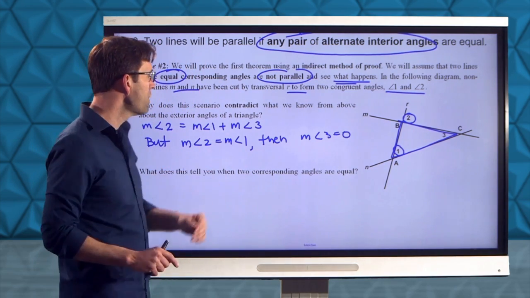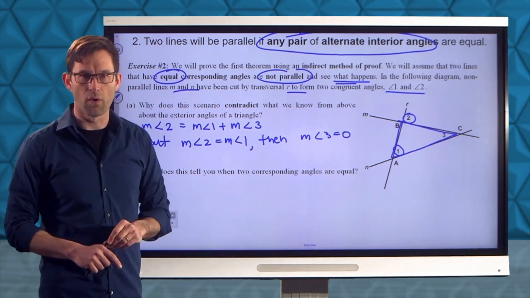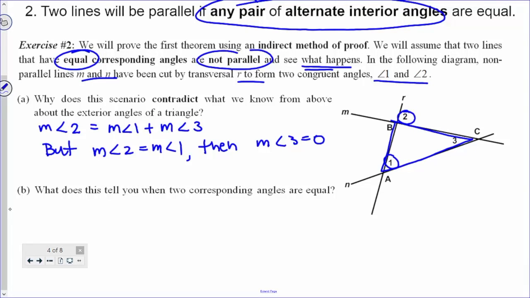Well, what does this tell you about two corresponding angles that are equal? Well, it means that the lines that created them cannot intersect.